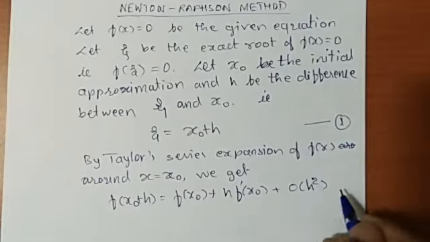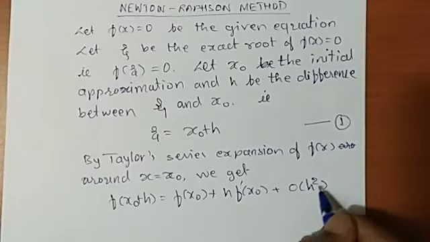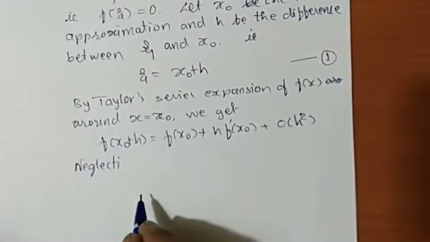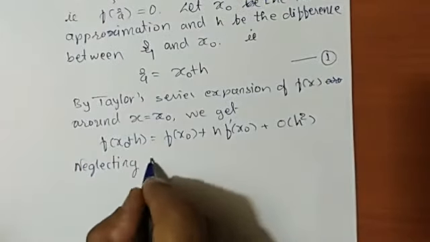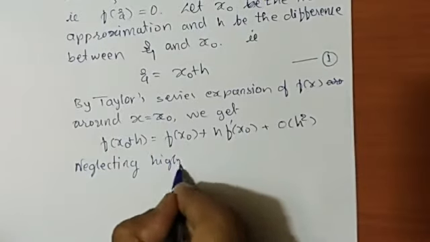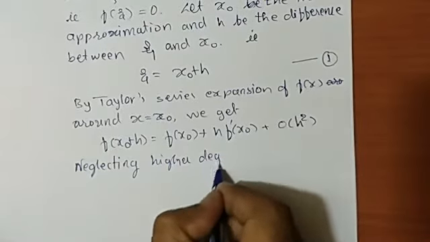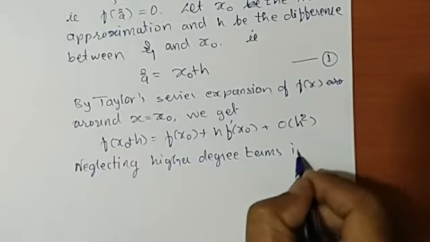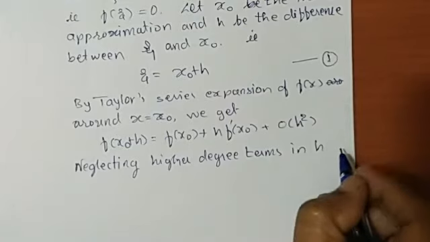So the next term will be h squared by 2 factorial f double dash x naught plus h cubed by 3 factorial f triple dash x naught. So like that it continues, neglecting higher degree terms in h.